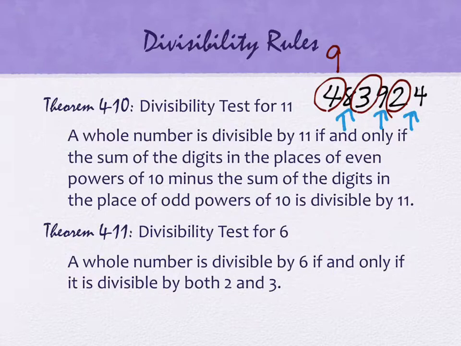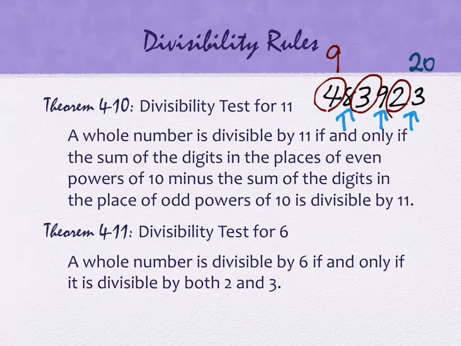I think I needed a 3. I'm trying to make it work. 20. How about 3? 3 is 20, right? Yeah. Okay, 20 is what I want. What's the difference now between 9 and 20? 11. Is 11 divisible by 11? Yeah. You betcha. It is. So this number now that I changed it to would be divisible by 11.